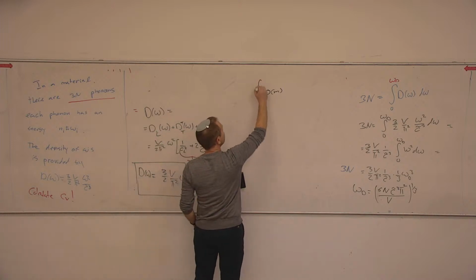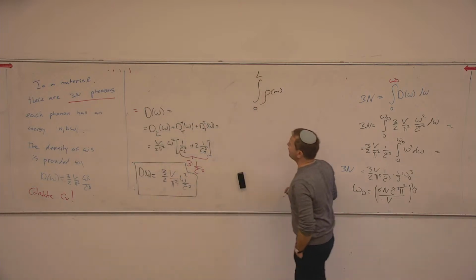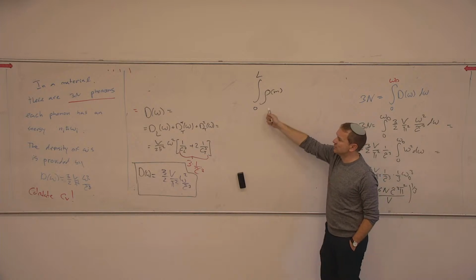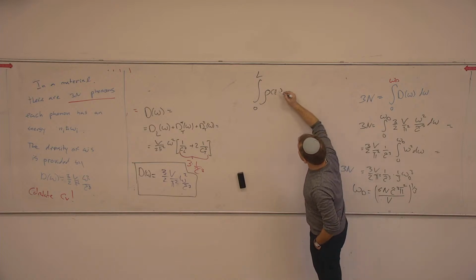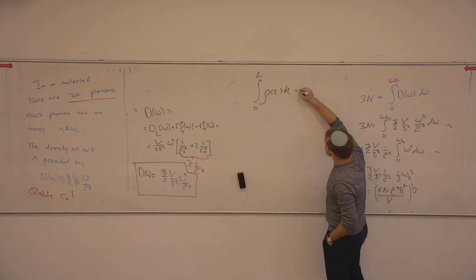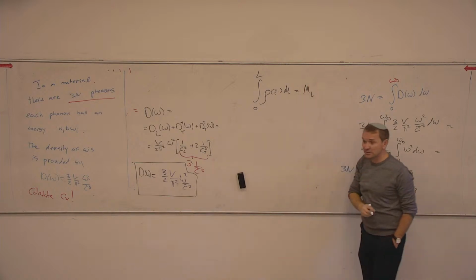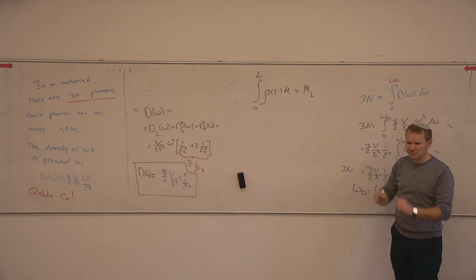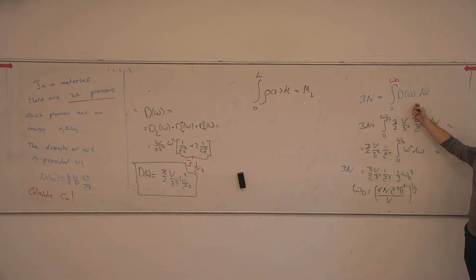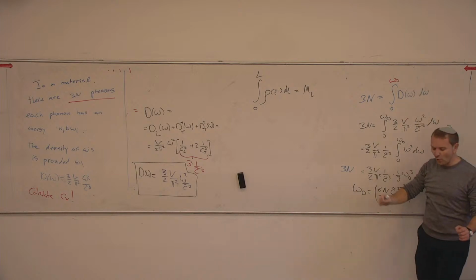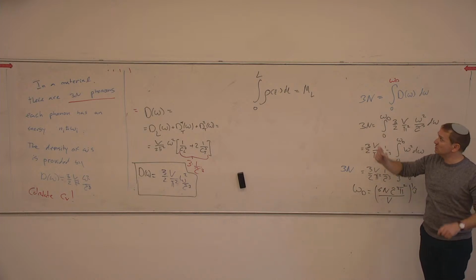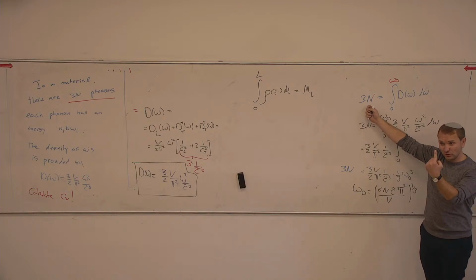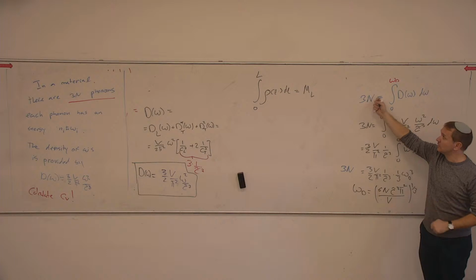And I'm asking you the following question: what is the integral over the density of mass in a string that goes from 0 to L, rho of l dl? This is the total mass inside this material, the amount of all the different small masses. The same goes over here. This integral on the right hand side tells me the total number of omegas that I have inside my system. And the number of all the omegas is just the number of the phonons, because each phonon gives me one specific omega. Therefore, this equality.